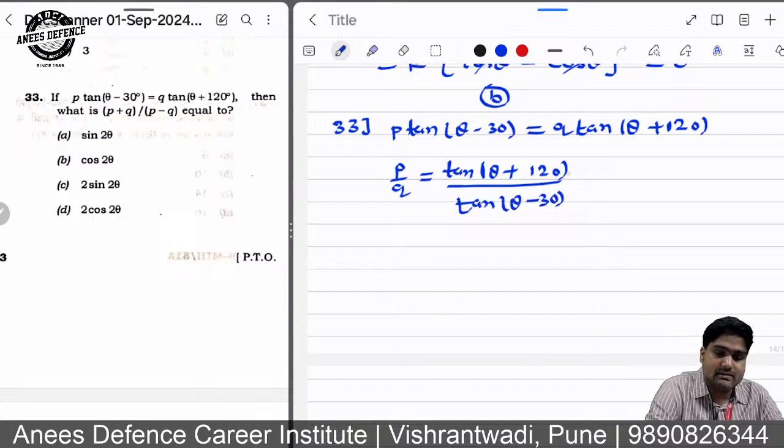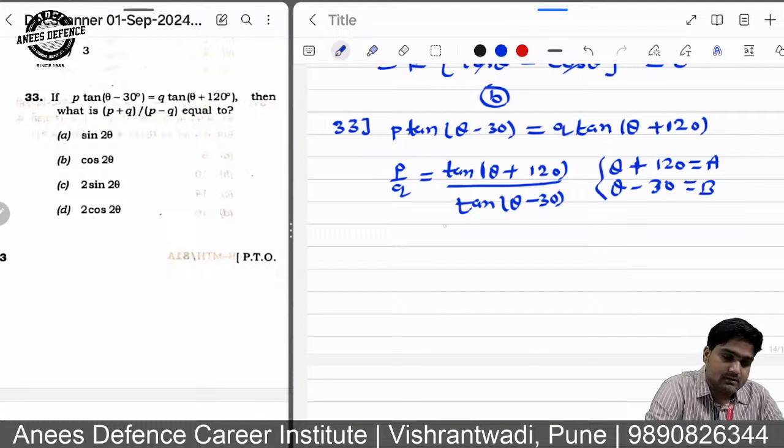If I consider theta plus 120 as angle A, and theta minus 30 as angle B, then P by Q will be tan A by tan B.